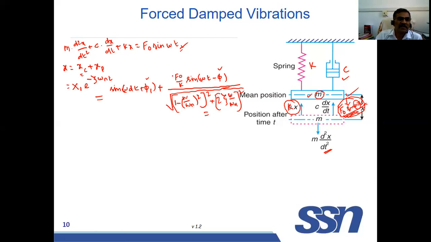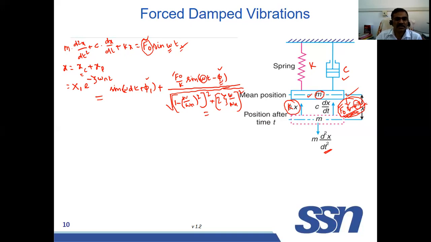Here F naught is the forcing function value, the force value, sine omega t. What is omega? This is the frequency of the exciting force, that is, the forcing function. And phi is a phase angle difference.